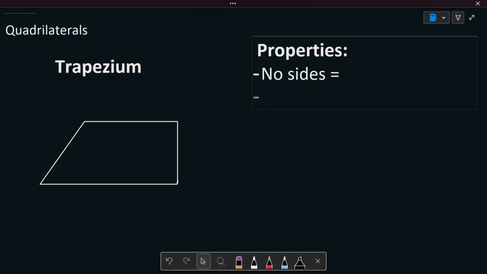And then we look at the parallel lines. Which lines are parallel? Now we can clearly see only these lines are parallel over here. These two horizontal lines. So therefore we can say only one pair of sides are parallel.